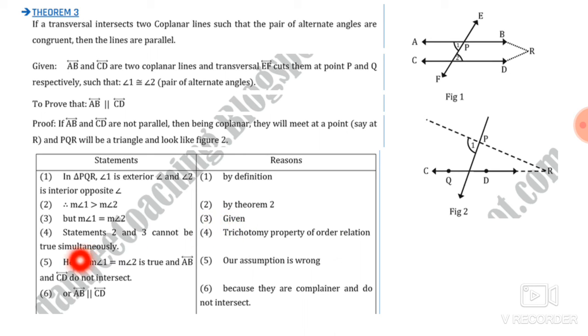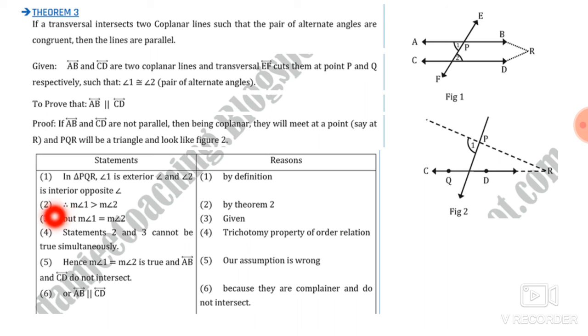Now we can see that we have two statements. Statement number 2 says that angle number 1 is greater than angle 2. Statement number 3 says angle 1 is equal to angle 2. How is it possible that one angle is at a time equal to and greater than another angle?